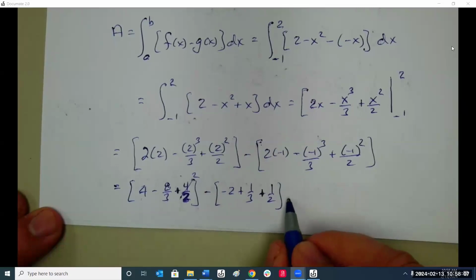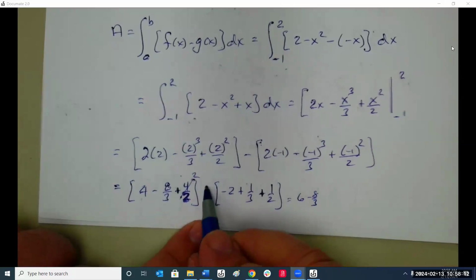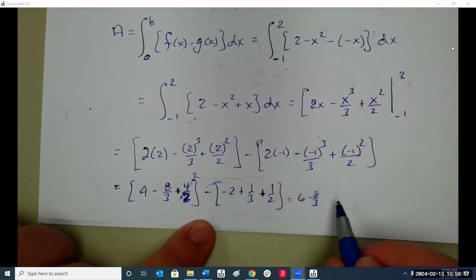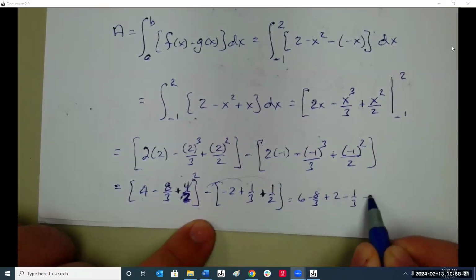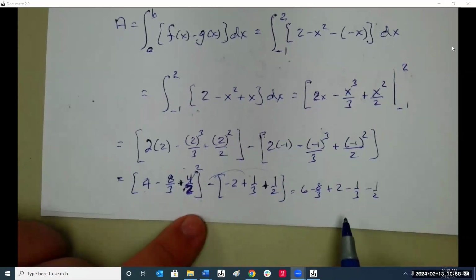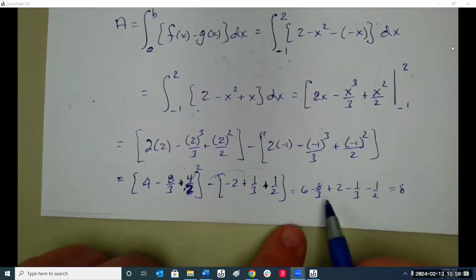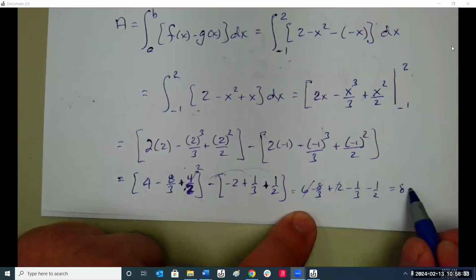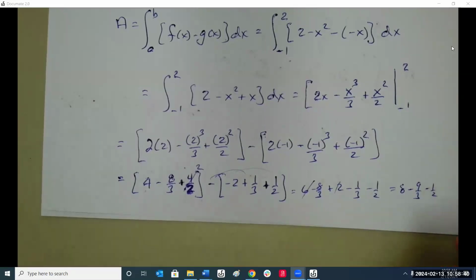So that's 6 minus 8/3. Just distribute here. Plus 2 minus 1/3 minus 1/2. 6 plus 2 is 8. Negative 1/3 minus 1 is negative 9/3 minus 1/2.